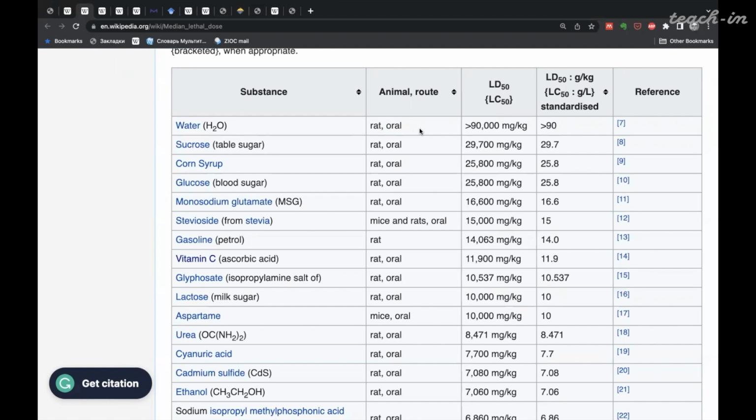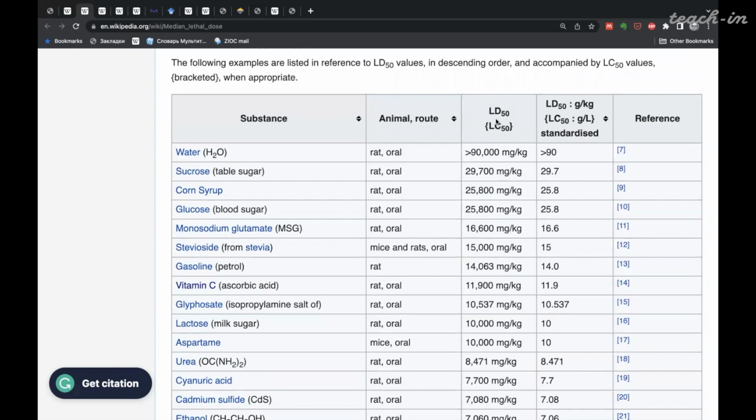Or we can speak of sugar or glucose toxicity. However, the corresponding values are really, really high. The lower the value of LD50, the higher the toxicity we have.